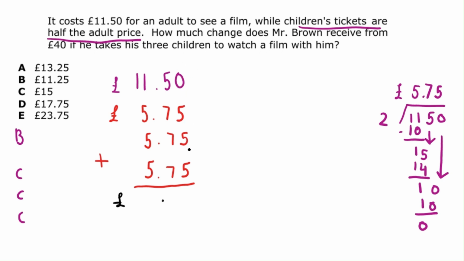0 plus 5 plus 5 plus 5 equals 15. 5 goes here, 1 goes here. 1 plus 5 is 6, plus 7 is 13, plus 7 is 20, plus 7 is 27. 7 goes here, 2 goes here. 2 plus 1 equals 3, plus 5 is 8, plus 5 is 13, plus 5 is 18. 8 goes here, 1 goes here, and 1 plus 1 is 2.